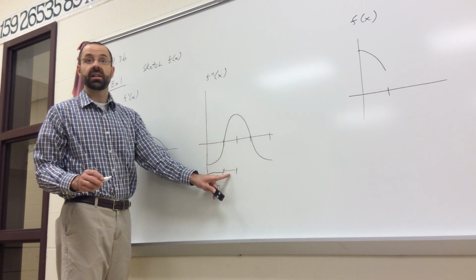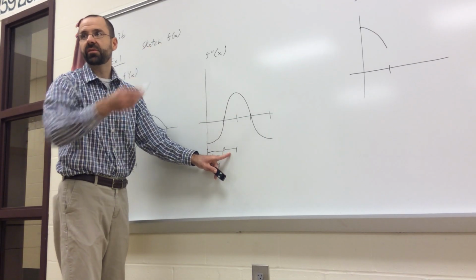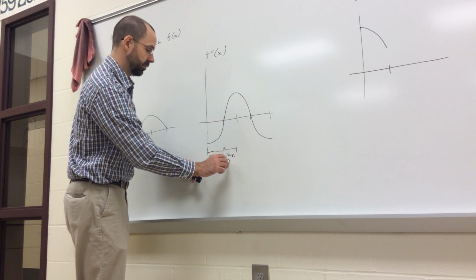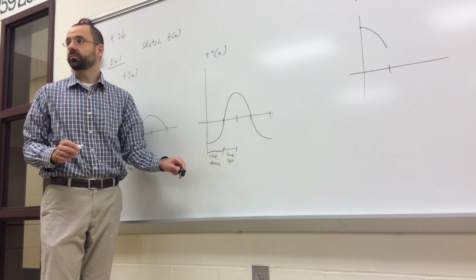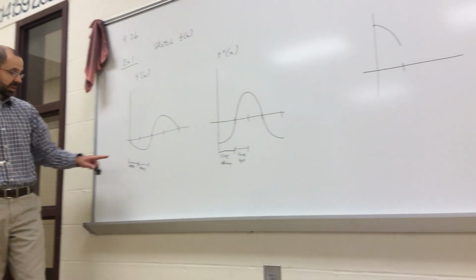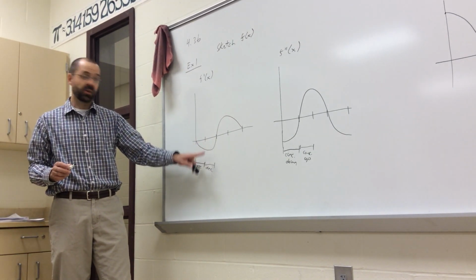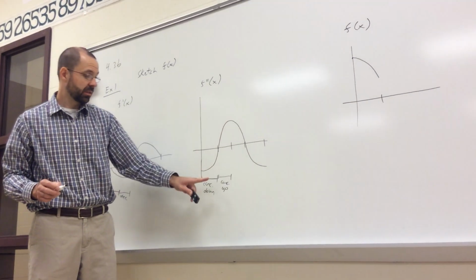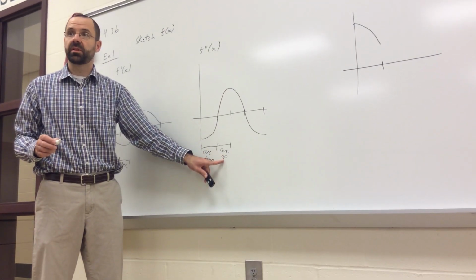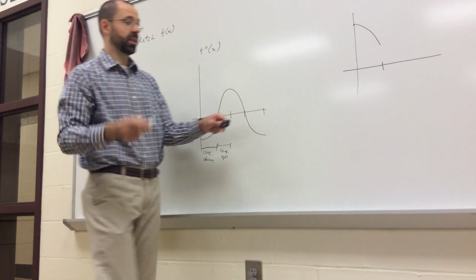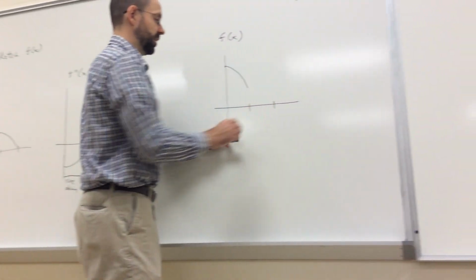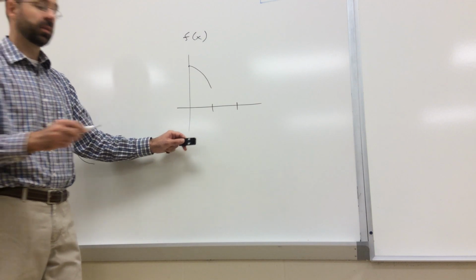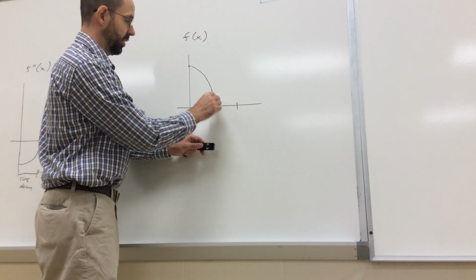So that means f is concave up. So from 1 to 2, f prime is negative, so f is decreasing, and f double prime is positive, so f is concave up. So now we're going to go over here, and from 1 to 2, draw a graph that's decreasing and concave up. So that's like this.